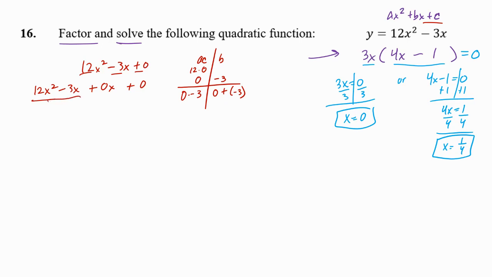First two here have a 3x in common. We'd be left with 4x minus 1, which notice is the same thing here. That's why it makes more sense to use this method to the right than the one on the left. And then in theory, on the right, you could factor out a 0 and you'd be left with x.